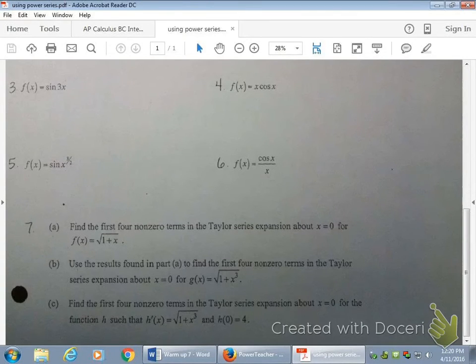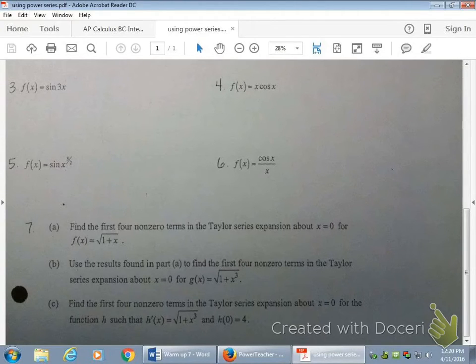Alright, number 7a. Find the first four non-zero terms in the Taylor series expansion about x equals 0 for f of x equals square root of 1 plus x. For the sake of time and trying to make the video shorter, I'm not going to go through that process.